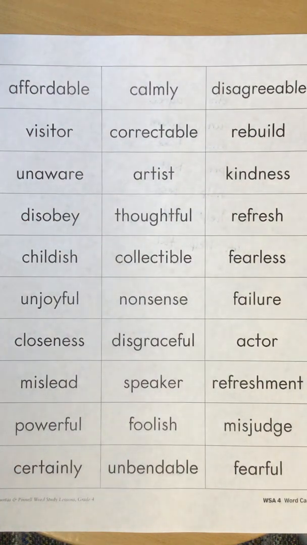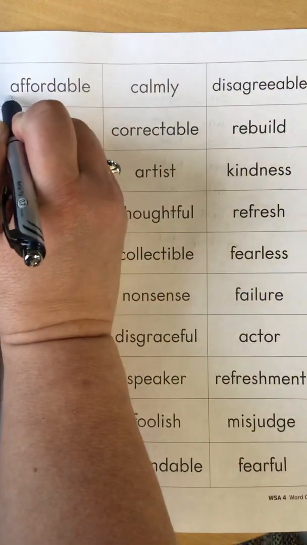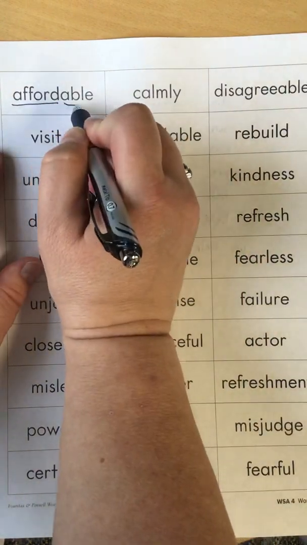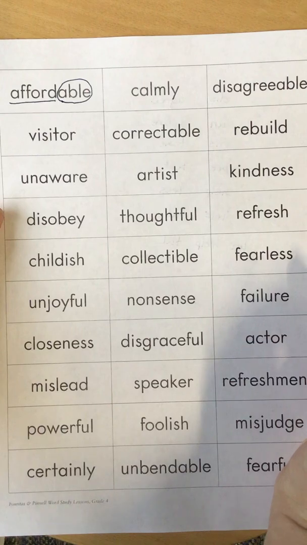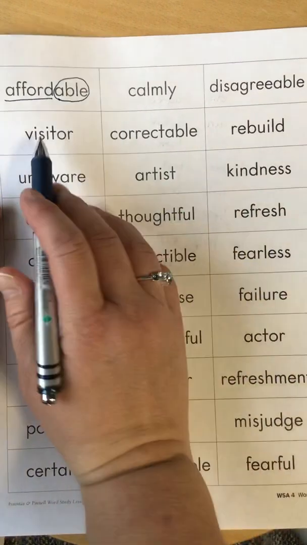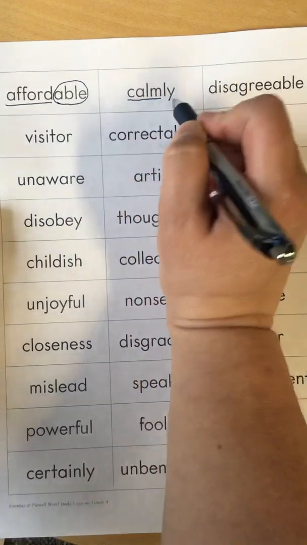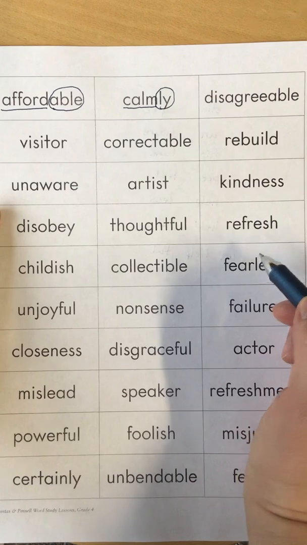All right, so as I look at these words, I can see the word afford. I know that's a word, and I know that the suffix able goes in all kinds of words. So I separate it like that. Here I can see the word calm. Ly is another very common suffix.